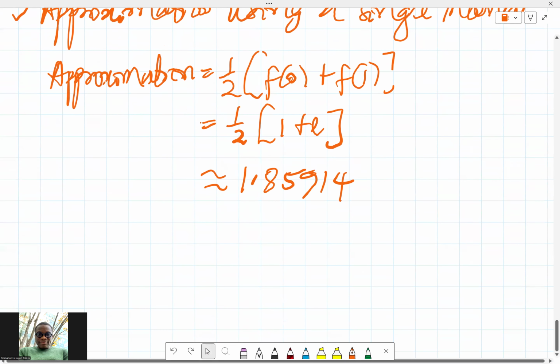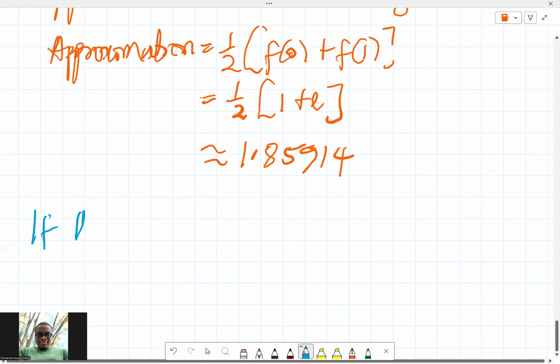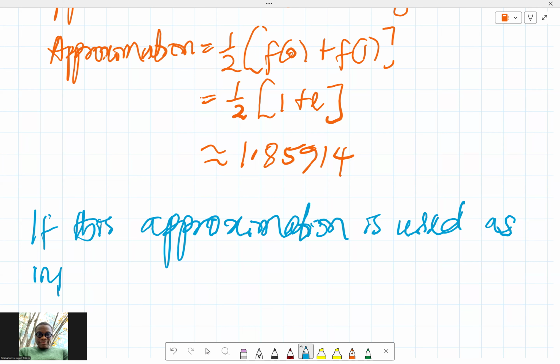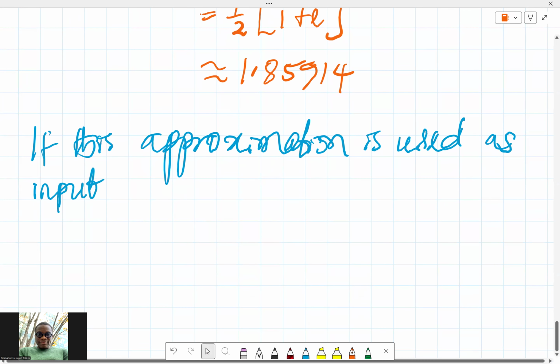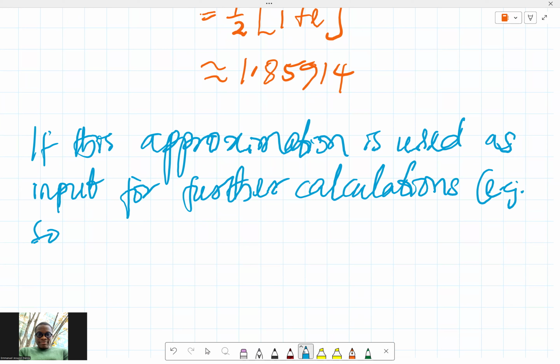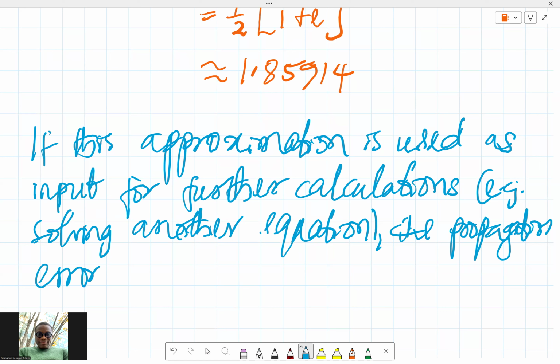This is where the approximation error comes in. If this approximation is used as input for further calculations, like solving another equation, the propagation error can compound.